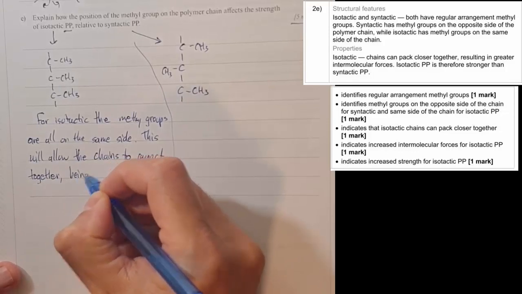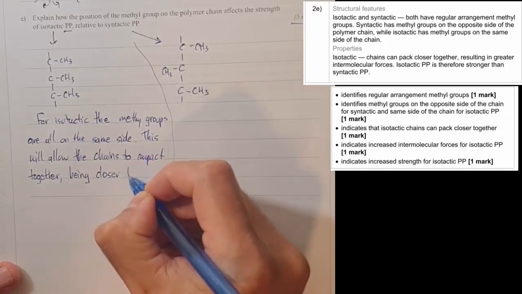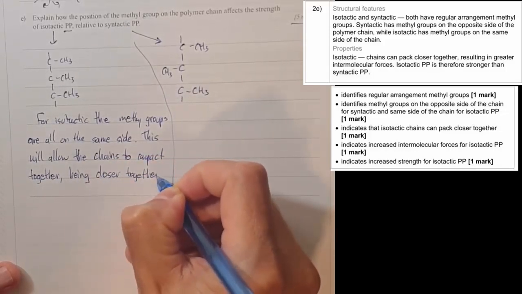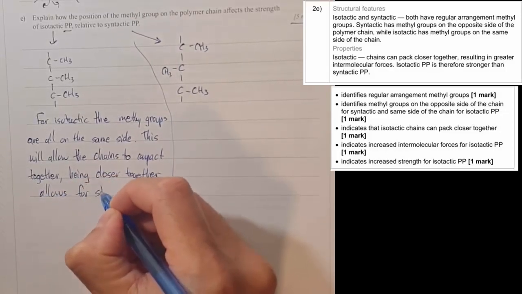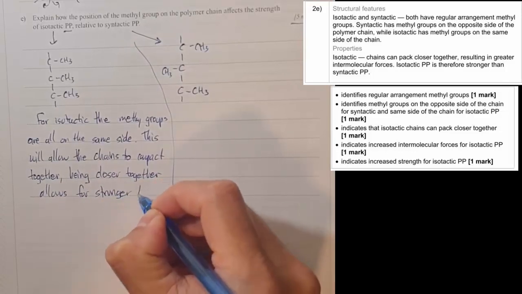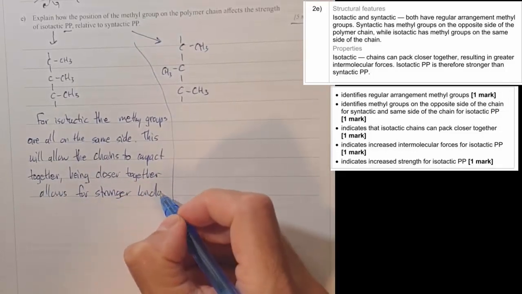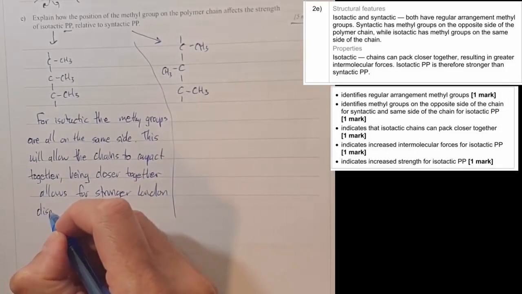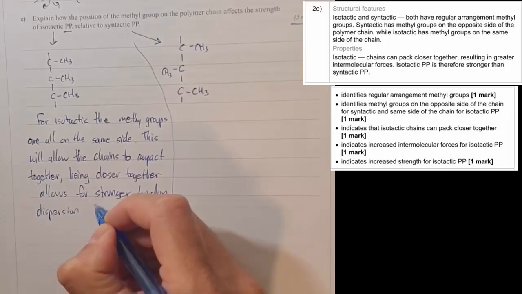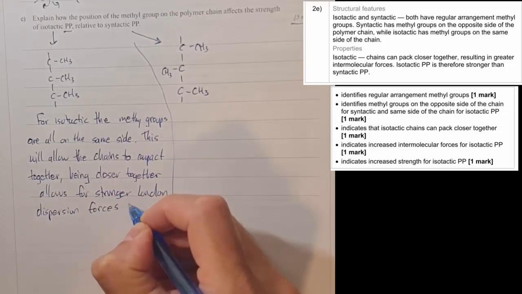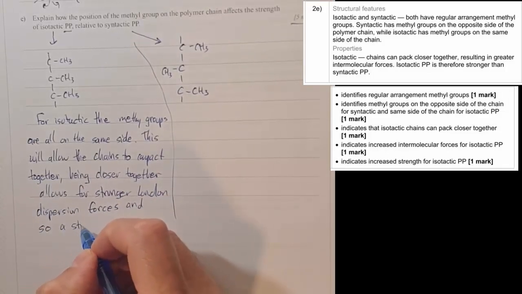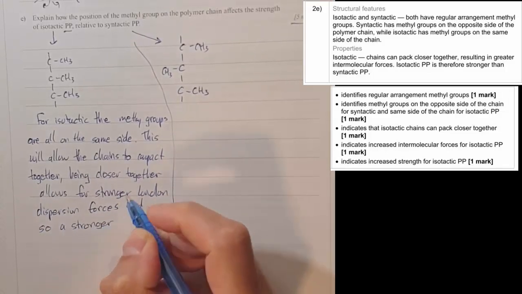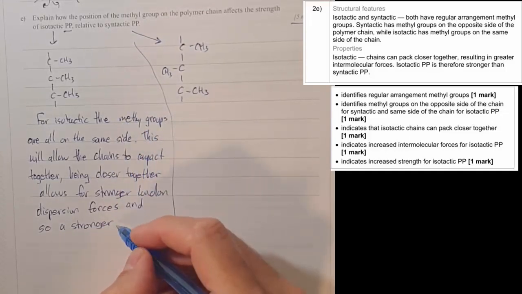Being closer together allows for stronger London dispersion forces and so a stronger material.